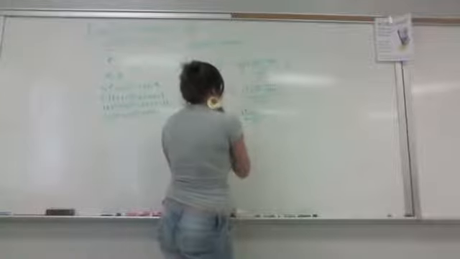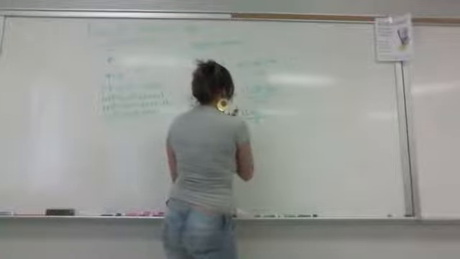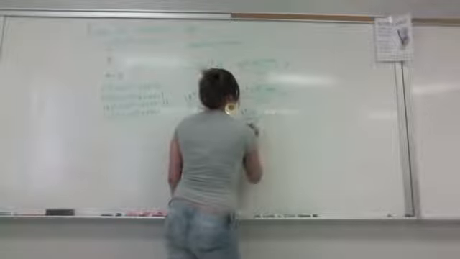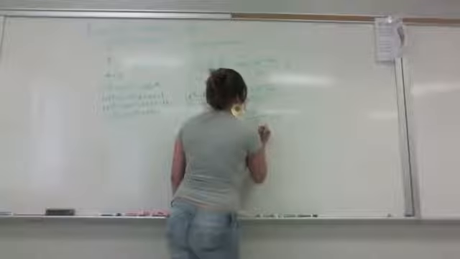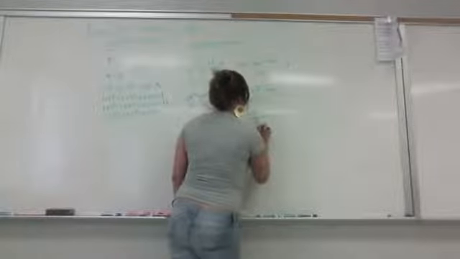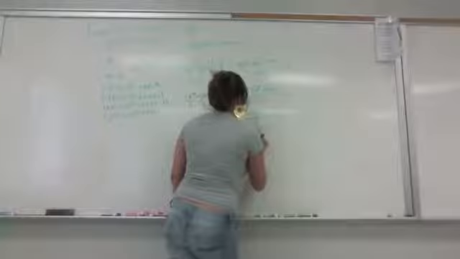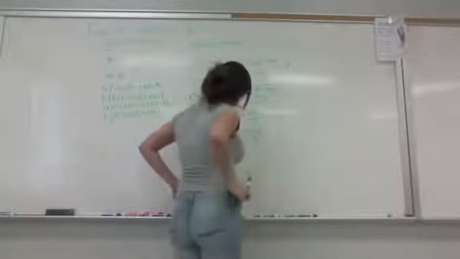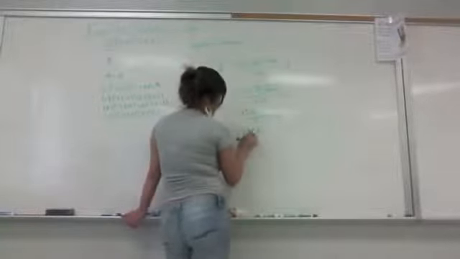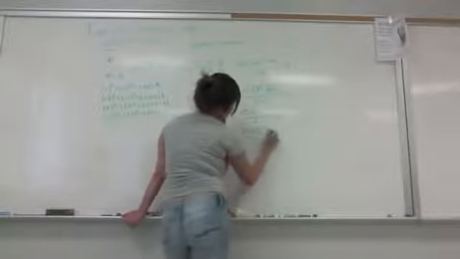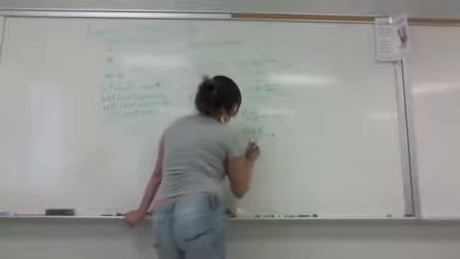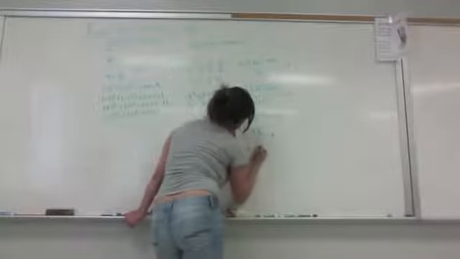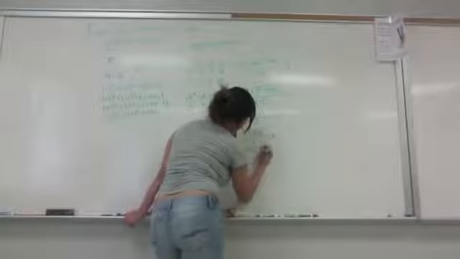Then we drag this down and do the square root of negative 3 divided by 2. Since this is a negative, you're going to put an i in front of it because it's a complex number. So it's going to be 1 plus or minus i square root of 3 divided by 2.